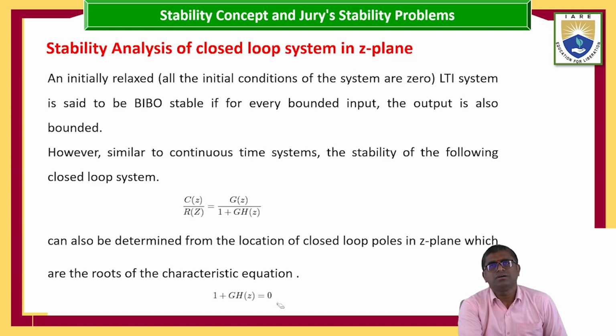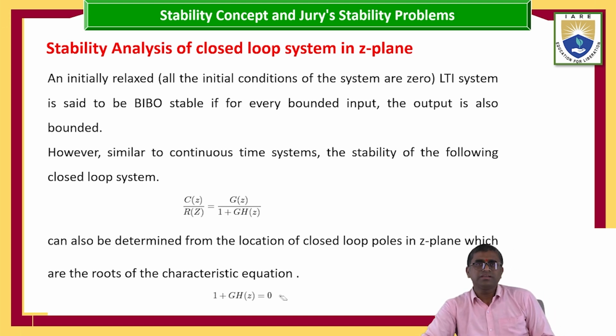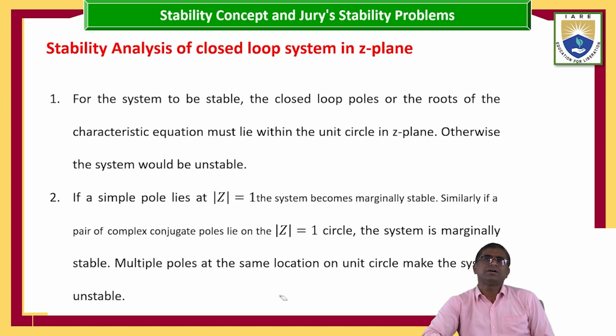To determine the location of the closed loop poles in the z plane, we take the characteristic equation. The system is stable when the roots of the characteristic equation lie inside the unit circle in the z plane. Otherwise, it is an unstable condition.